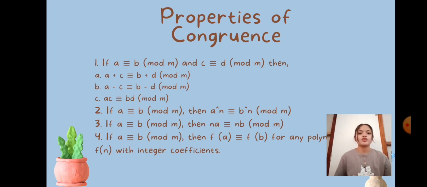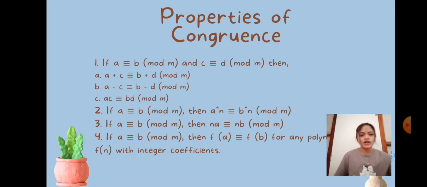So we have also number 2. If a is congruent to b mod m, then a to the power of n is congruent also to b to the power of n mod m. Number 3, other properties: if a is congruent to b mod m, then na is congruent also to nb mod m.